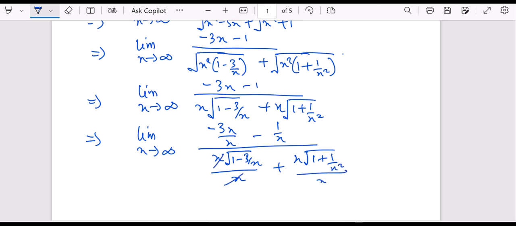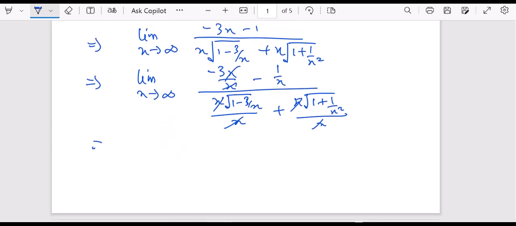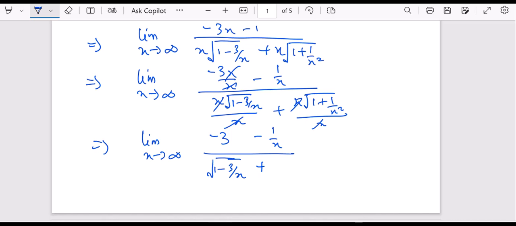So the x's cancel, and we will have the limit as x approaches infinity of negative 3 minus 1 over x all over root of 1 minus 3 over x plus root of 1 plus 1 over x squared.